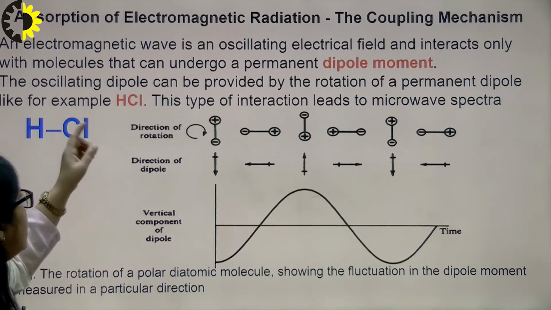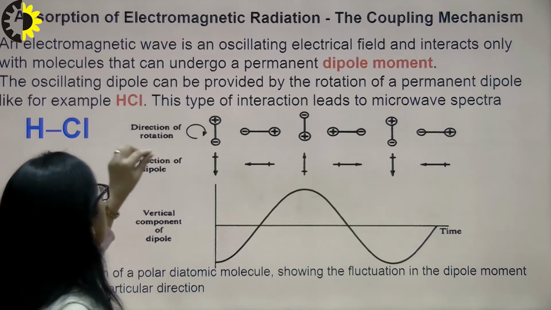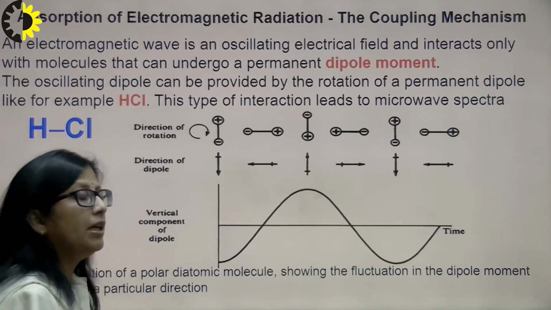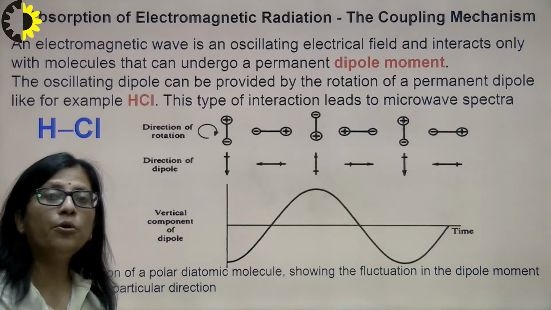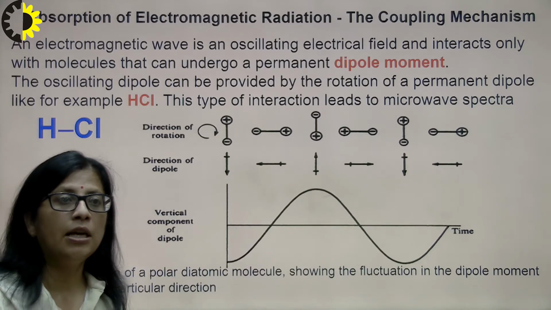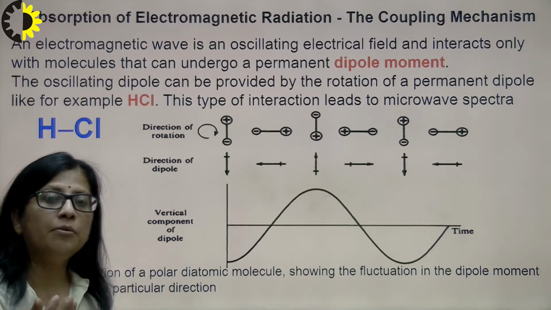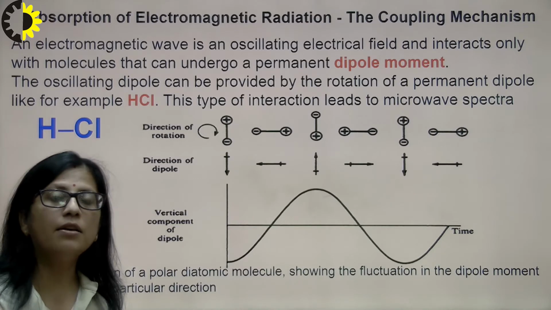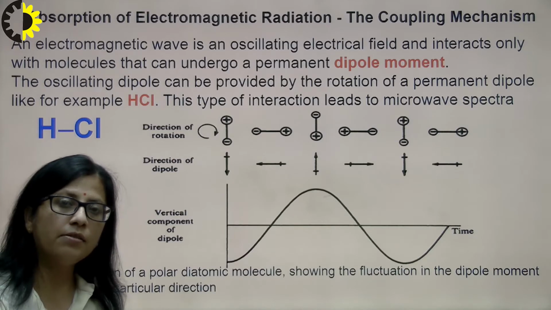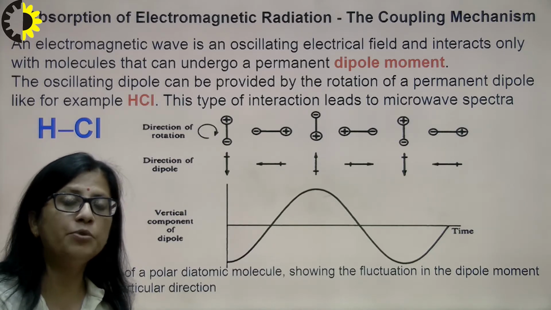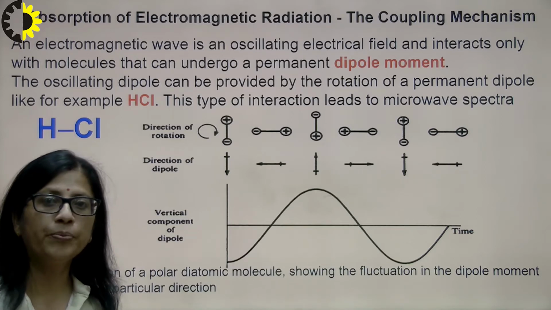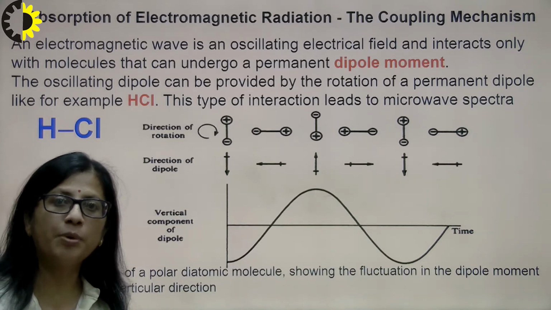And when the electric field generated by the rotating molecule becomes equal to the electric field of the radiation, then a resonance occurs, and at that resonance the molecule can absorb the microwave radiation, and it is going to show the absorption microwave spectra.